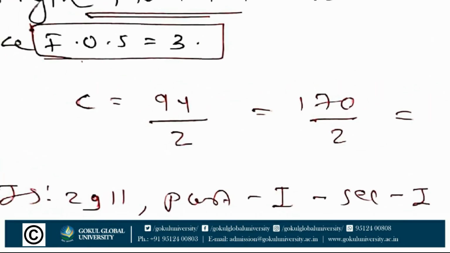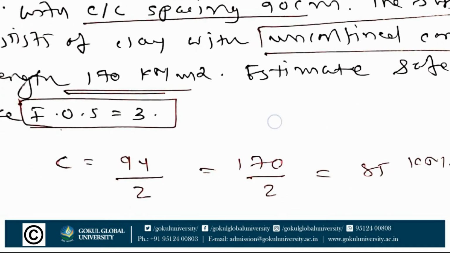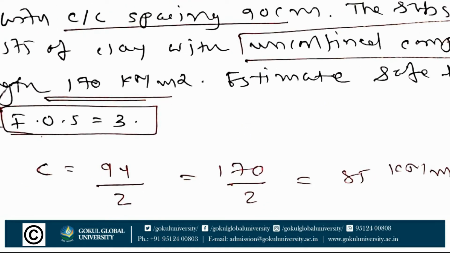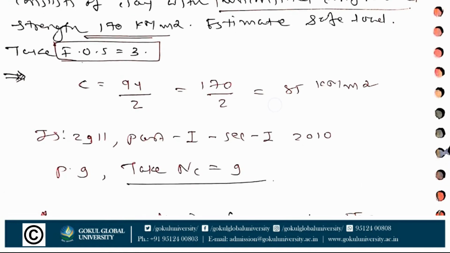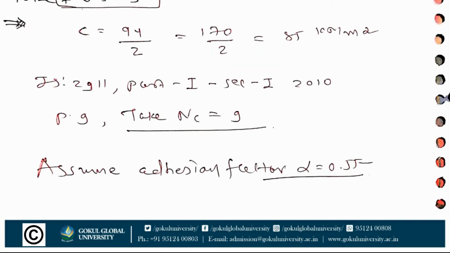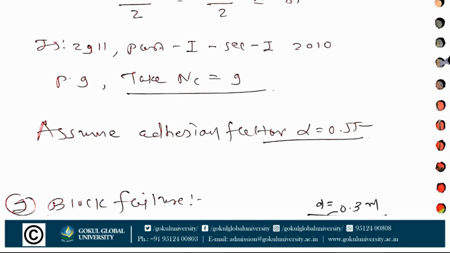Qu, the unconfined compressive strength, is 170, divided by 2, which means 85 kilonewton per meter square. As per IS 2911 Part 1 Section 1 2010, Nc value is taken as 9, and we assume the adhesion factor alpha as 0.55.